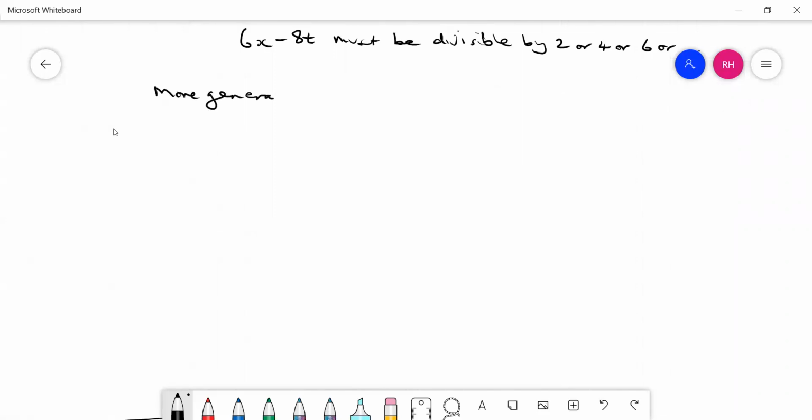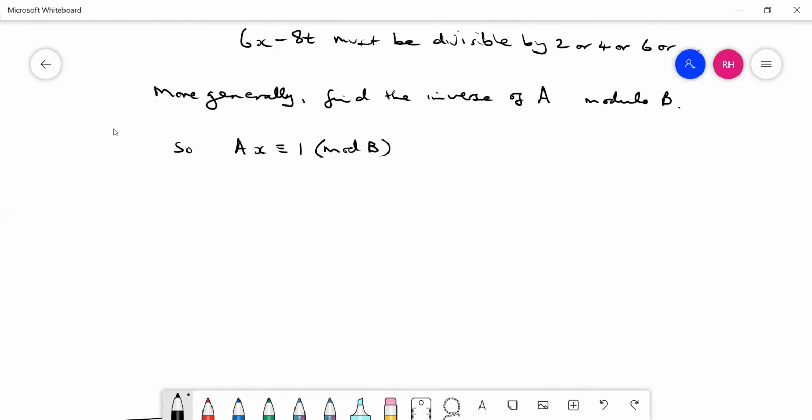If you want to, Alexander, go into this in a bit more detail, more generally, let's look at this problem. Find the inverse of A modulo B. There must be some X such that AX is equivalent to 1 mod B, if there is an inverse. So what does that mean?